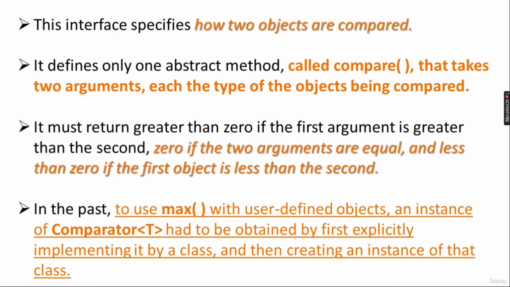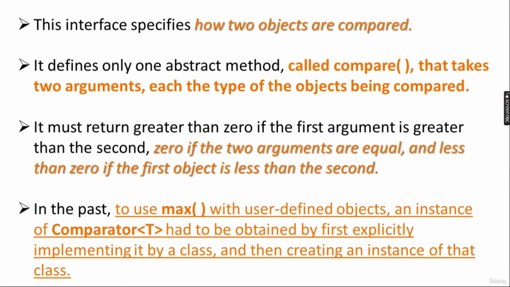We are calling the abstract method compare from the Comparator interface. It must return greater than 0 if the first argument is greater than the second, 0 if the two are equal, and less than 0 if the first is less than the second.